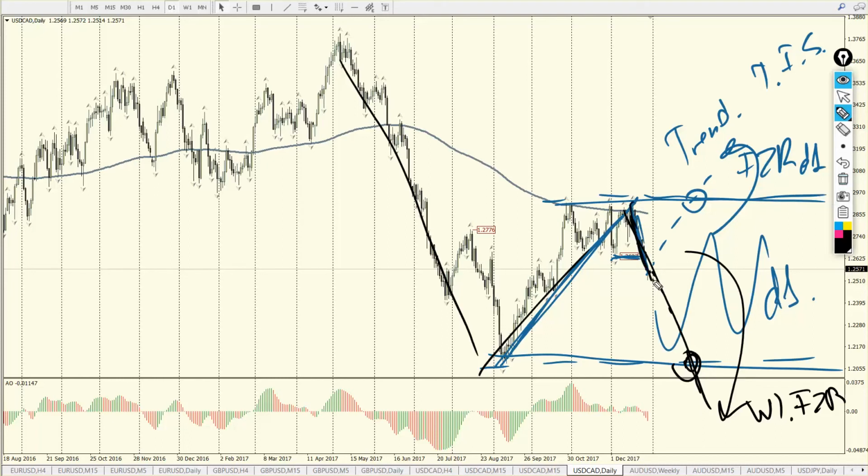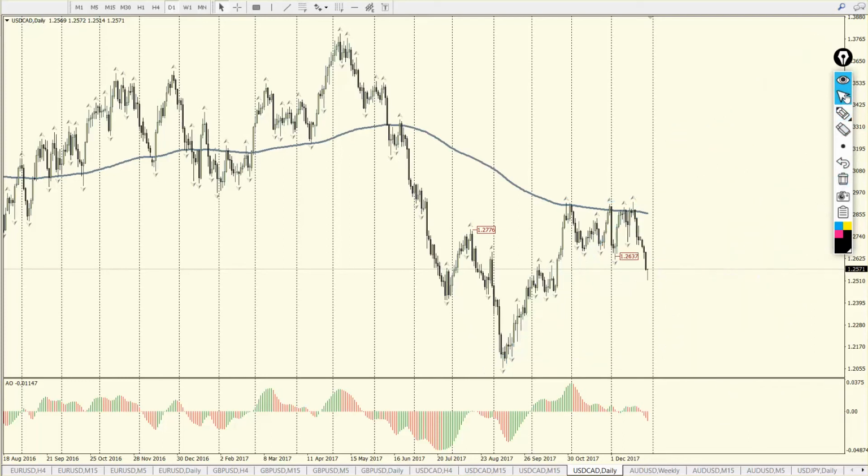Also, if this impulse here stops, then I will have a closer reference point for my H4 FZR, because usually when I have an H4 reference point broken, then I can start to use my trend following trading system once we are in the H4 trend phase. So that's the idea for Canadian dollar.